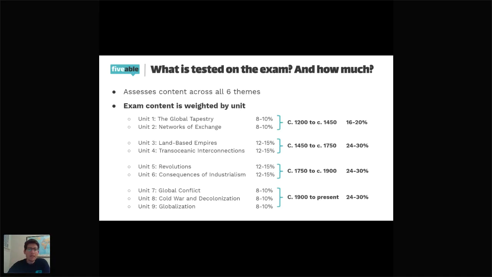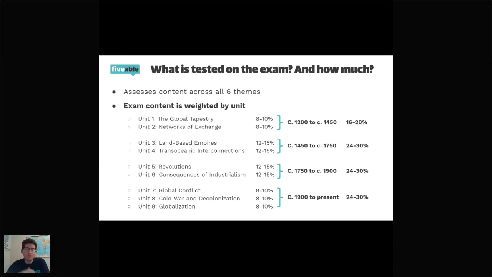So if you take a look here, the new course is divided into 9 units, and each unit corresponds with a time period. And the first time period is 1200 to 1450. It's a portion of what we used to call period 3 in this course.